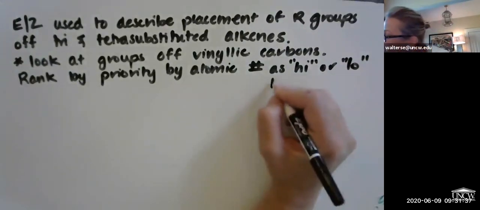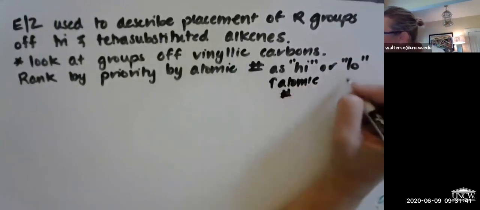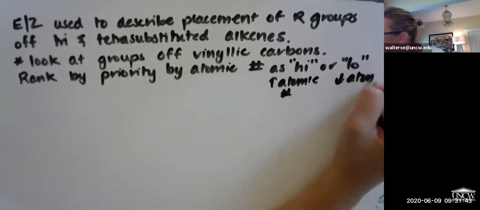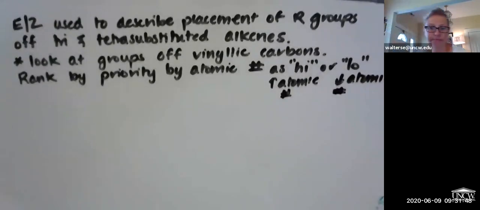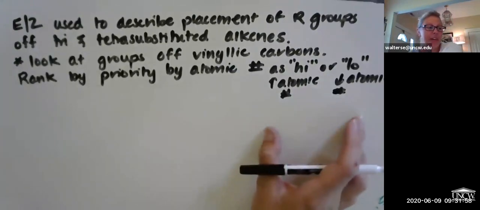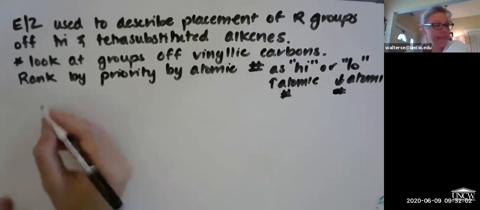High is the higher atomic number, low is the lower atomic number. Okay, so let me show you what I mean by that, and then we'll go to the actual E and Z.